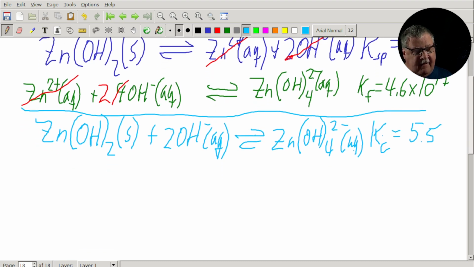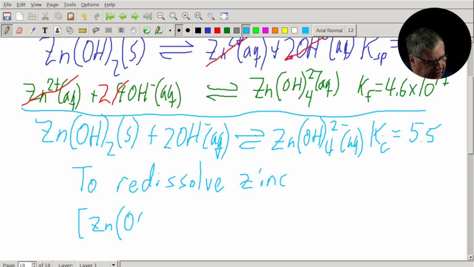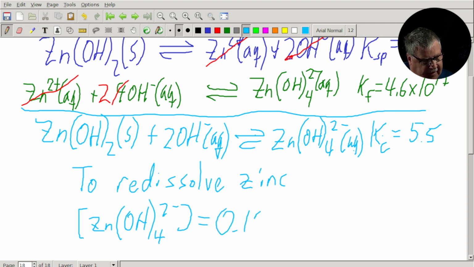What we can say then is this: to redissolve everything, the concentration of this complex anion is going to be the same as the starting molarity of the zinc cation.